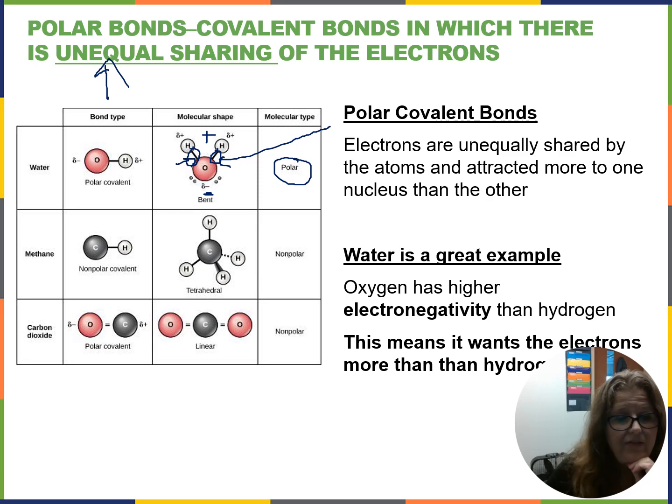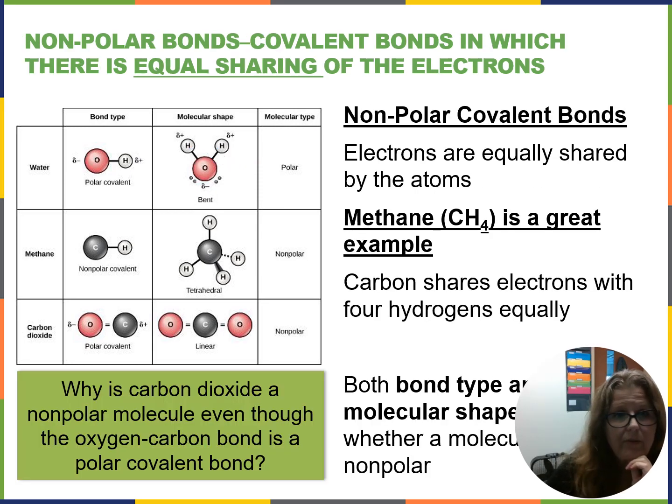The other type would be a non-polar covalent bond. Let me skip to this one. If they are shared equally in a covalent bond, then it's non-polar. Look down here at the methane: we have a carbon with 4 hydrogens, and it shares the electrons very equally.